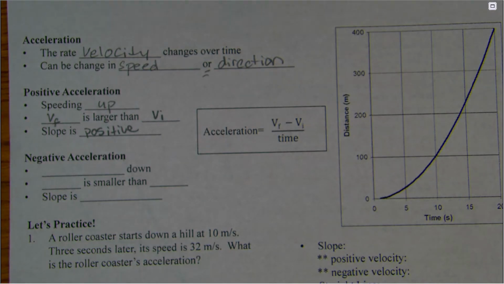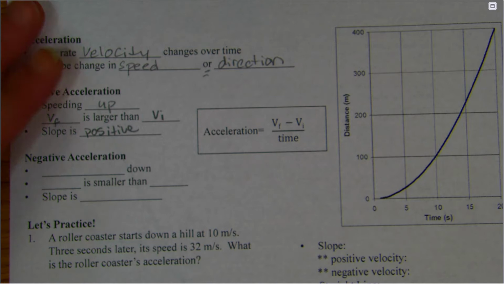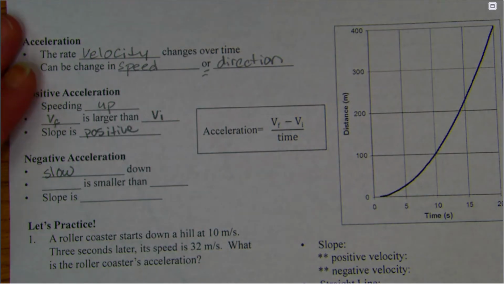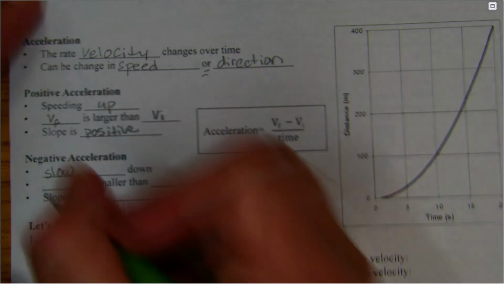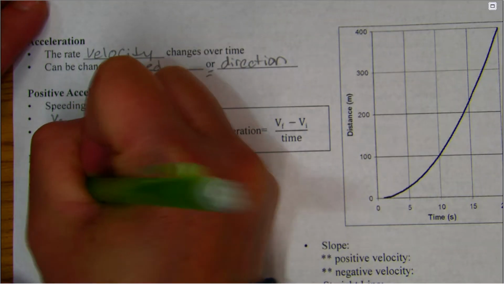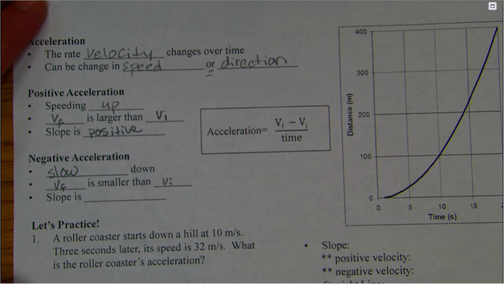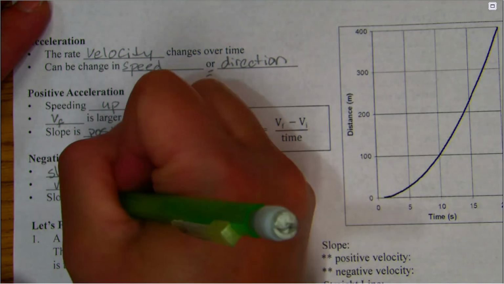Negative acceleration is the opposite, so we are slowing down. That means the final velocity, VF, is smaller than the initial velocity, VI, and my slope is negative.